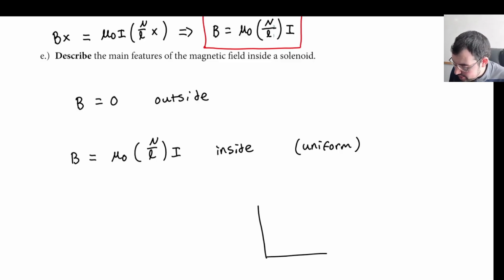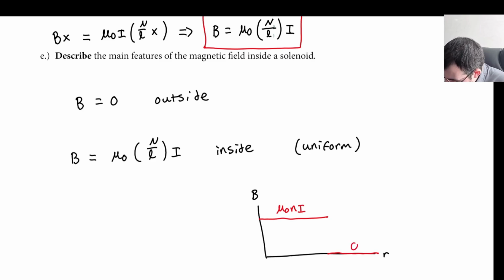If we look at B versus r for a solenoid, there is a constant field inside, and then we assume it drops to 0 outside. Of course, we can see some clearly non-physical behavior happening at the boundary of the solenoid, which is why edge effects really exist, but we always pretend they don't.